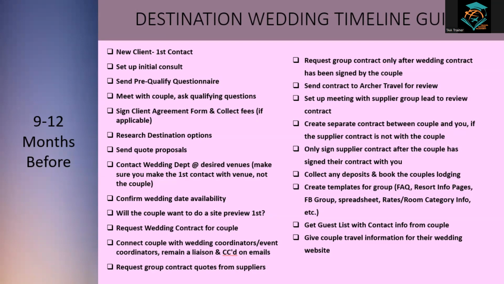But most of the suppliers that you're going to see if you go through one of our travel operators is going to be a contract between you and the supplier. So you want to make sure that you do a separate contract with the couple and you, so that you're not left holding the bag if something goes wrong. You want them in charge of those deposits, those final payments, and if they don't do those, then that's not on you. That's on them.